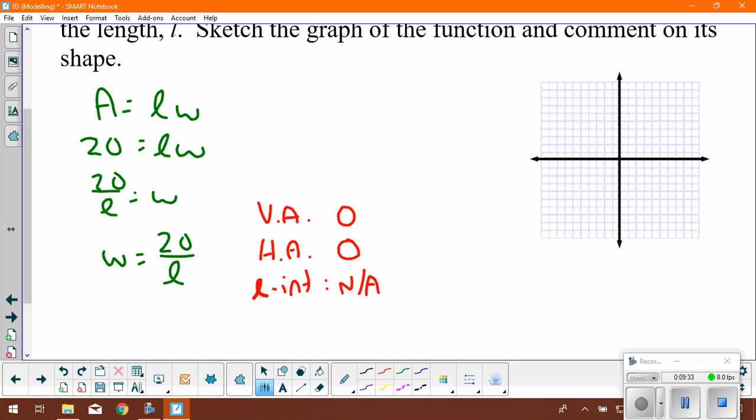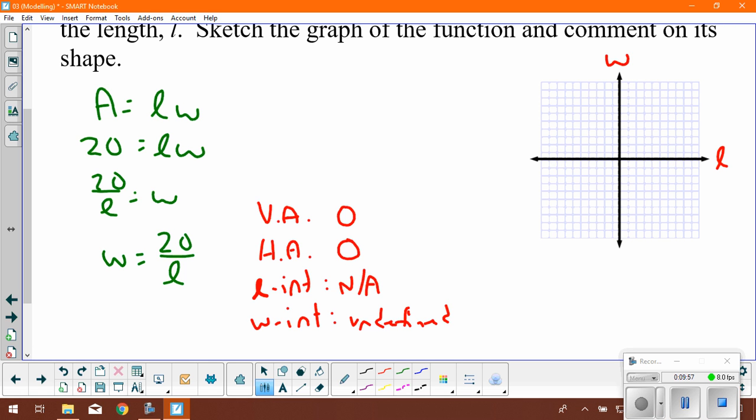It doesn't exist. And for the W-intercept, which is replacing Y here, I have length and width. If I plug in 0 for the length, it's undefined. I don't actually have that.